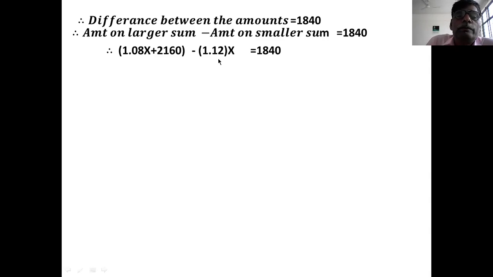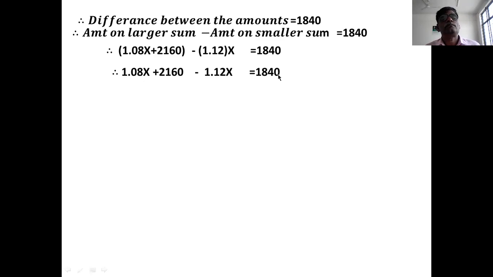You take the next step. You remove the bracket. Therefore, 1.08x plus 2160 minus 1.12x is equal to 1840. Okay. Then 1.08x minus 1.12x.